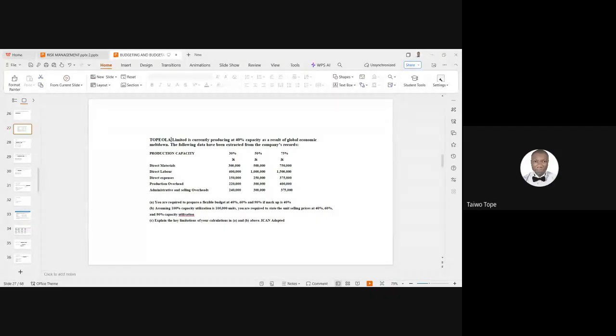So to solve for admin and selling, I can see, yes, Madam Juliet, fixed cost is 150. That is the fixed cost at admin and selling. It will be constant at every level. What is our total variable cost at that point? Okay, 150?